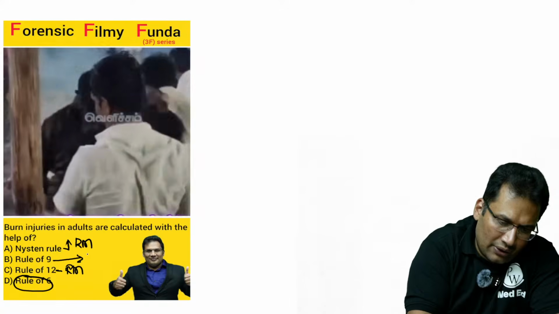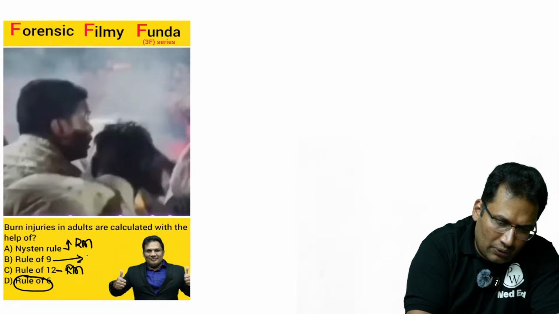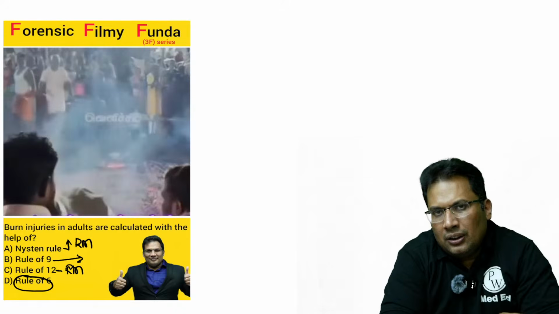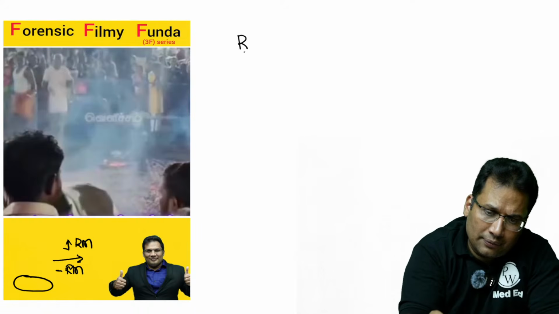That is one of the common formula that is used in case of estimation of burn injury. In case of scattered burn, we use Palmer rule. In case of children, we use Lund and Browder formula. Okay? So burn injury.